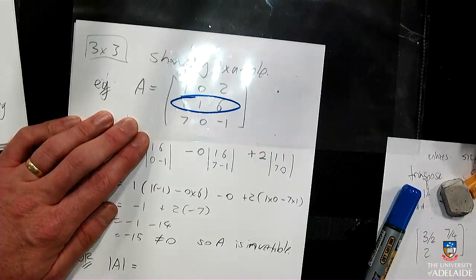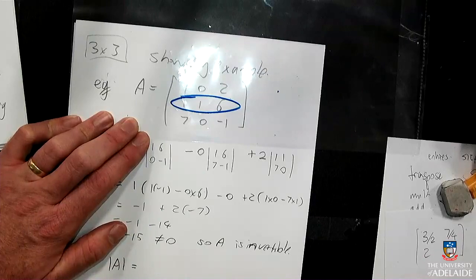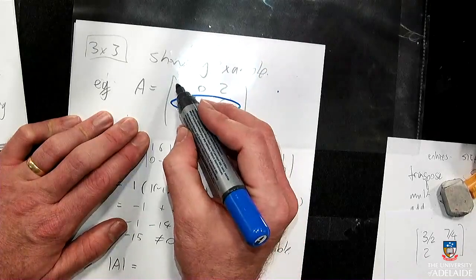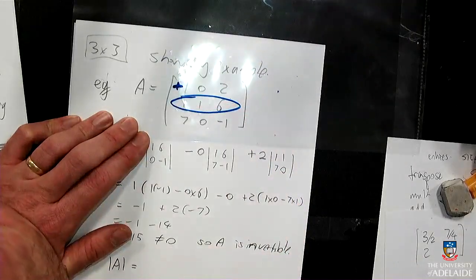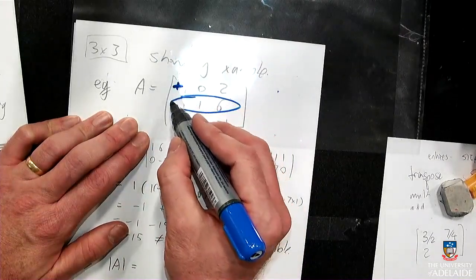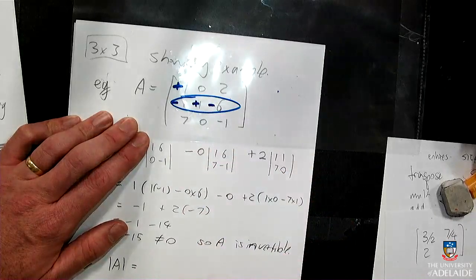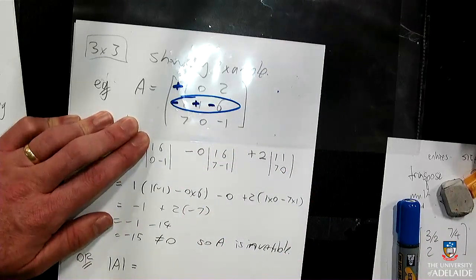Now, that second row is going to have different combinations of pluses and minuses than the one I had before. If I always have a plus in this top left corner, and I switch signs every time I switch positions, so plus to here would make that a minus, that would make this a plus, that would make this a minus. And so that's telling me the plus minus plus that I should have.